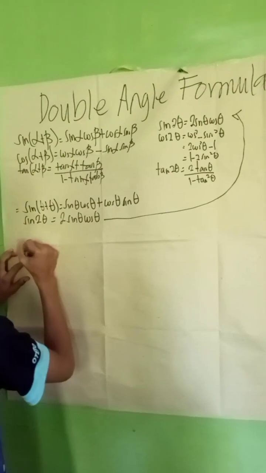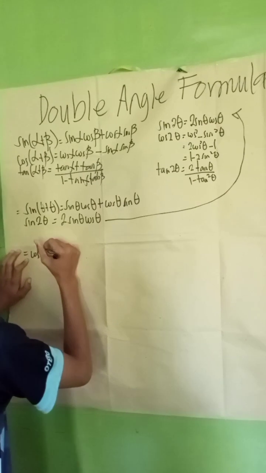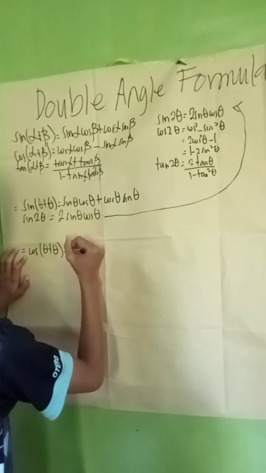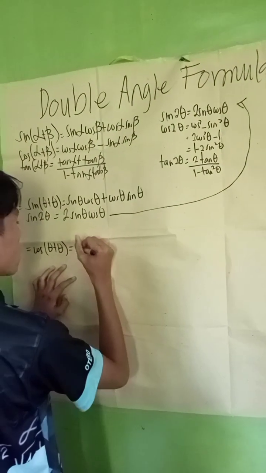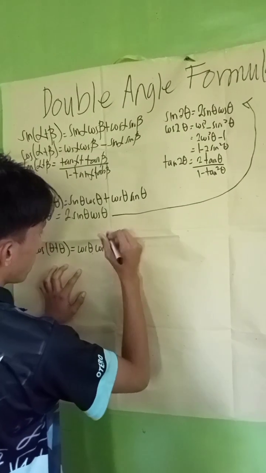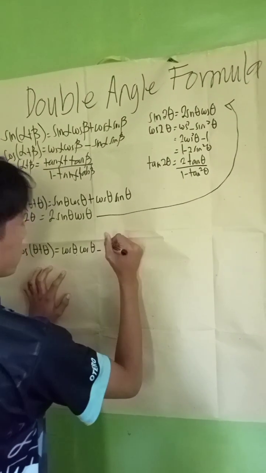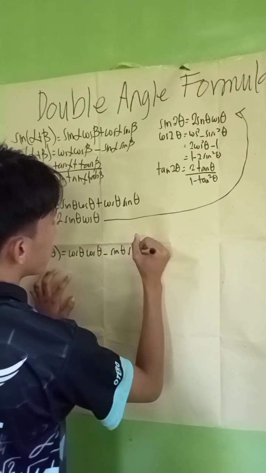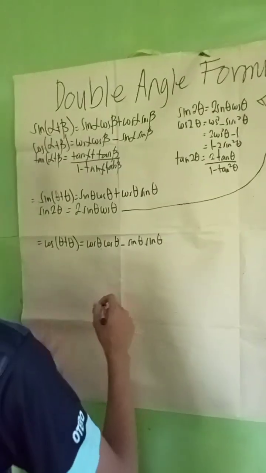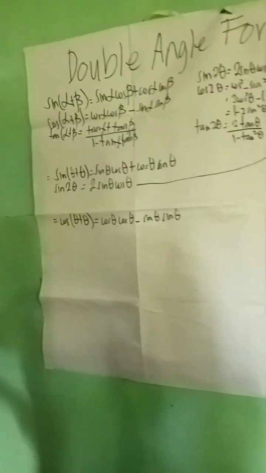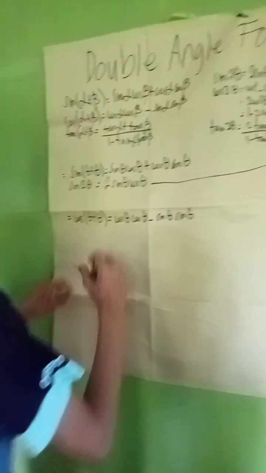So we have cos of theta plus theta is equal to cos theta cos theta minus sine theta sine theta. So we have here the 2 theta, so we're going to write it in simple form.